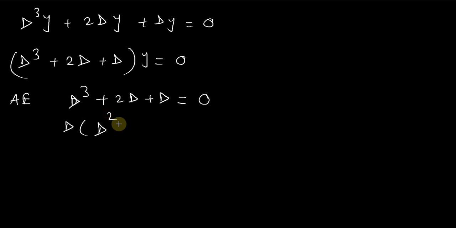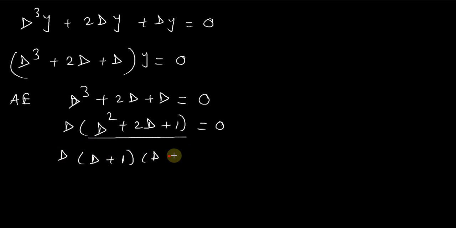Taking D common, taking factors of this bracket, which is nothing but the whole square of D plus 1. Equating each term to 0, we get for D 0, for D plus 1 minus 1, and for D plus 1 minus 1. Now in this case we are getting 3 roots.